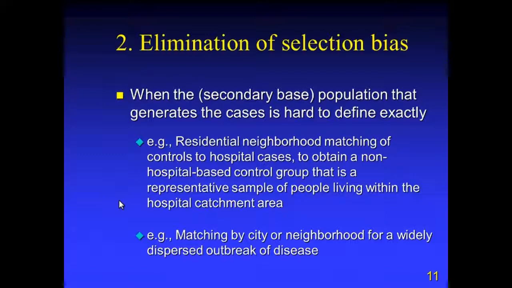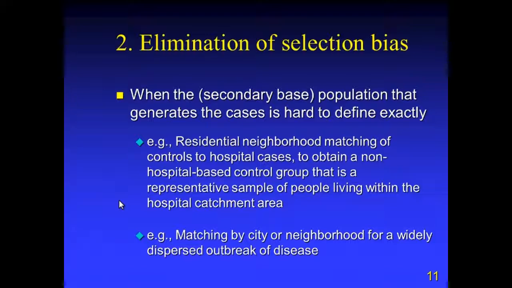The second one is elimination of selection bias, and this is very similar to eliminating confounding by unknown neighbourhood-related factors. We would use this to eliminate selection bias particularly if, for example, we had a hospital case group, and we can't be really sure of what the secondary base population is that generated that case group.